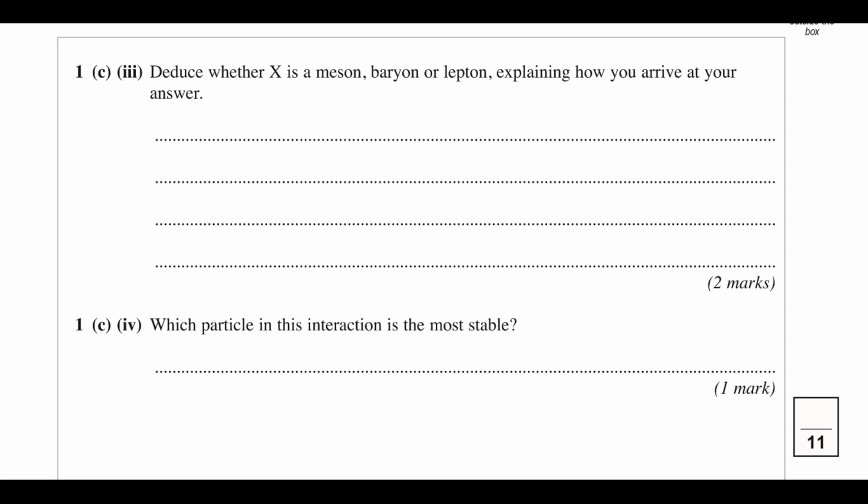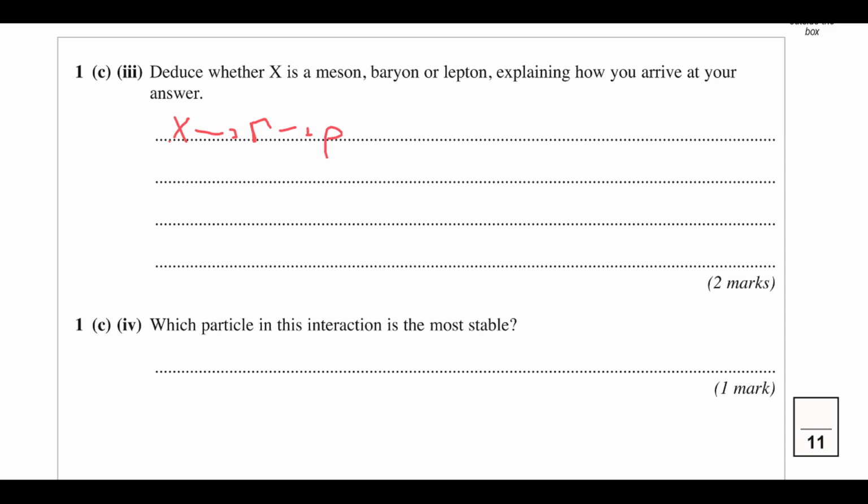Let's just rewrite the equation so we know what we're looking at. We've got X going to pi minus and a proton. The first thing we can deduce is we've got a baryon number of +1 on the right side, so this must be a baryon. It must be either a proton or a neutron, but we're not asked to deduce that here. We just need to know what type it is.